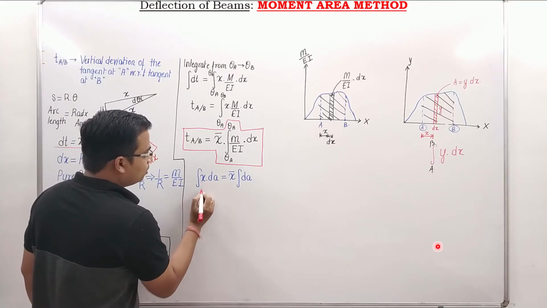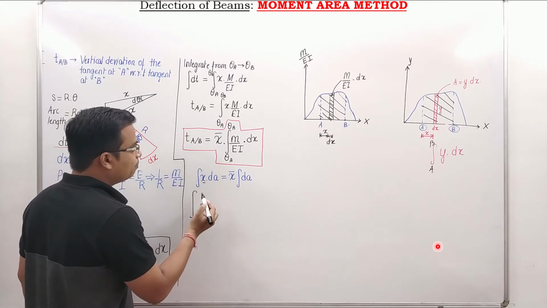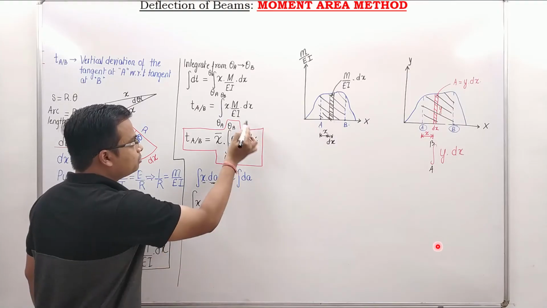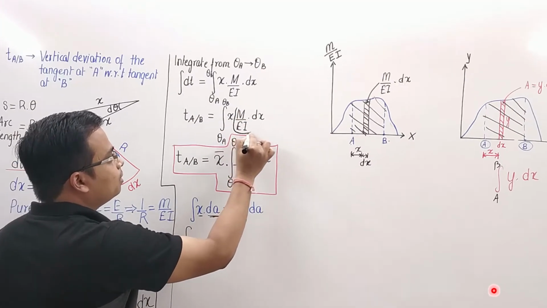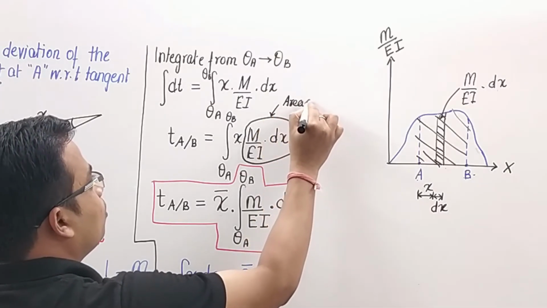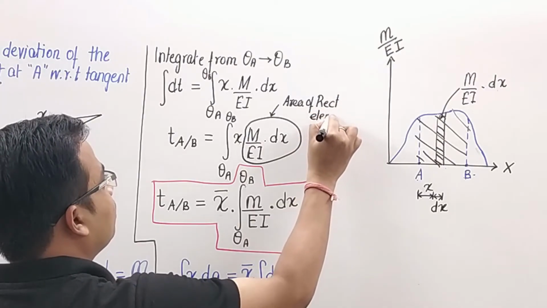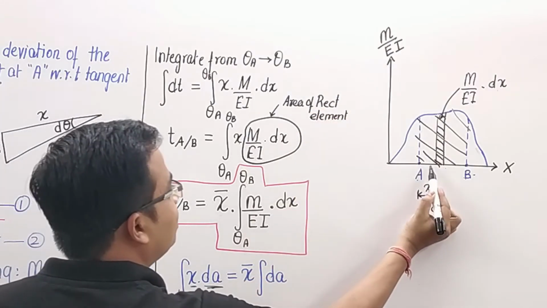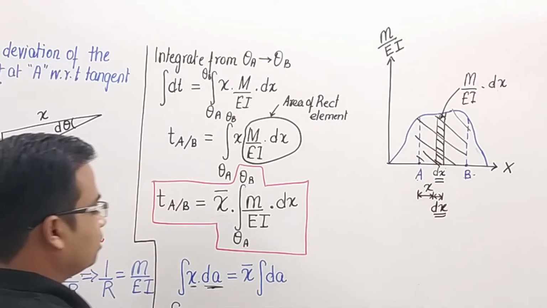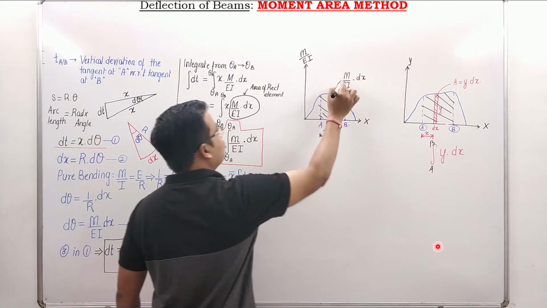just take a look at this. In the same fashion, here x, just try to compare x. dA, this is nothing but the area of the rectangular element. The width of this rectangular element is nothing but dx. So x multiplied by this dA is nothing but this M over EI dx.